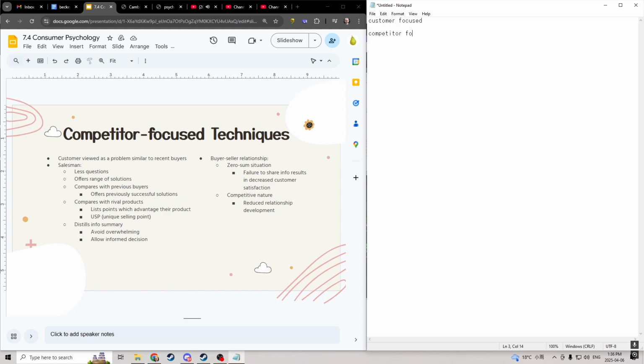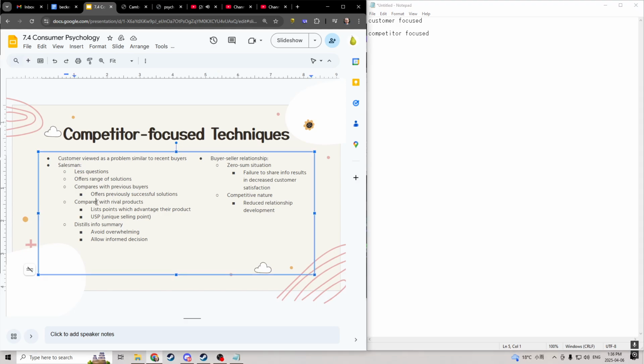Competitor focused. So, the customer is viewed as a problem similar to recent buyers. So the salesman asks fewer questions but offers a range of different solutions and compares the customer with previous buyers and offers previously successful solutions. They compare with rival products and list points why their product is better than rival products.